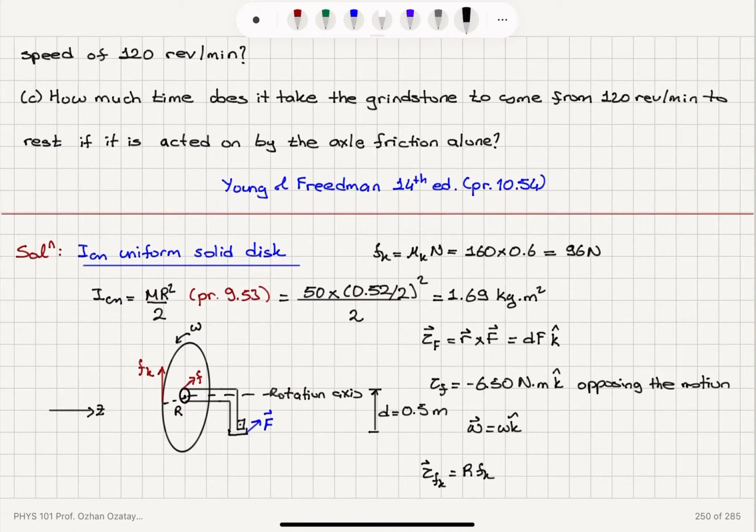Now my right hand rule tells me that if I point from the pivot towards the application point of Fk, curl my fingers towards Fk, my thumb points in minus k hat direction.